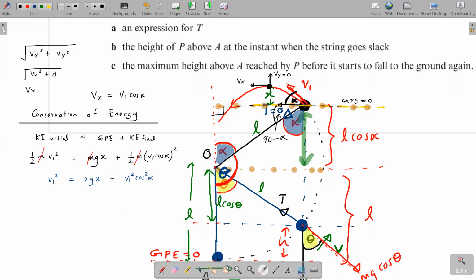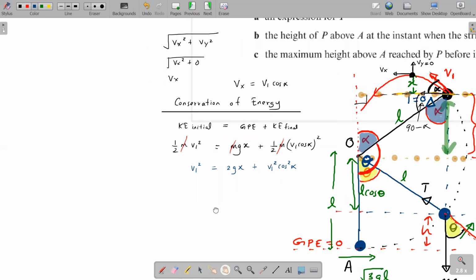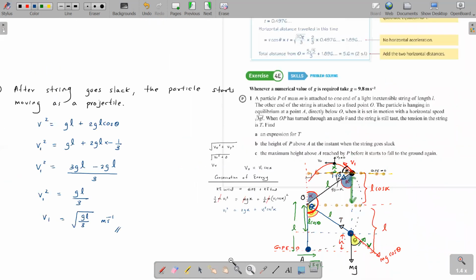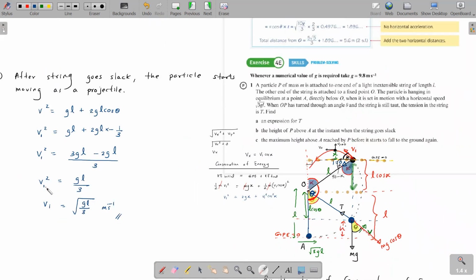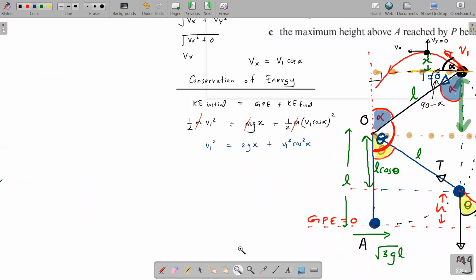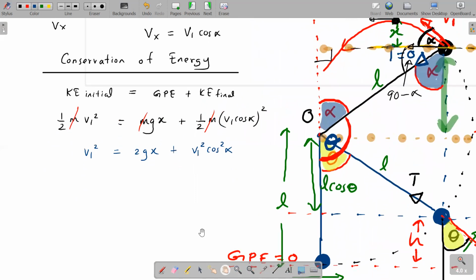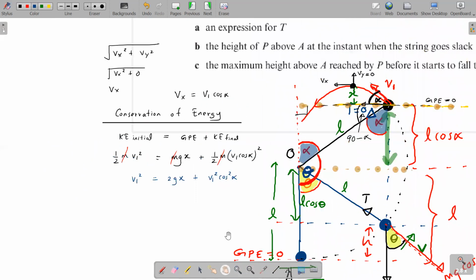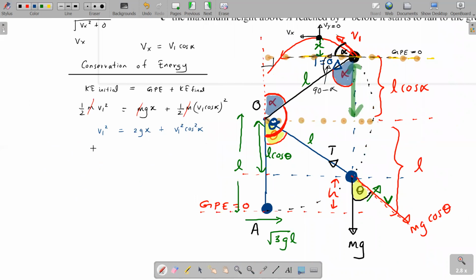So we just found the v1 square value as gl over 3. Let's put that value in. So gl over 3 equals 2gx plus v1 square cos square alpha.